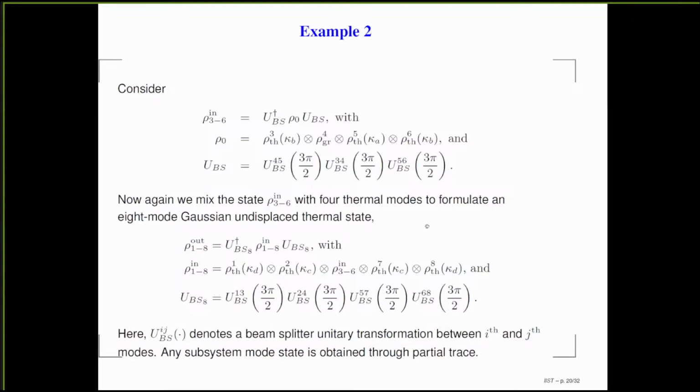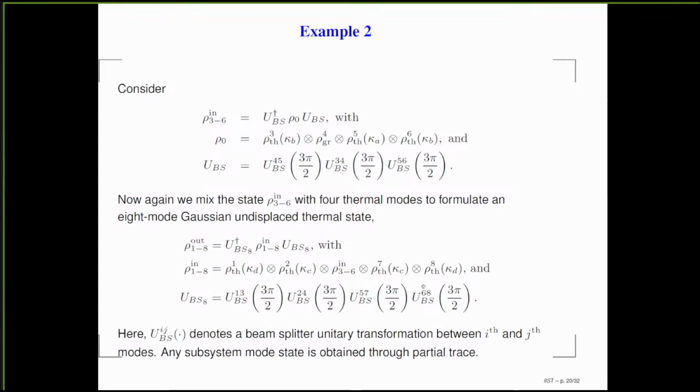Now we thought we'll go for higher order examples. So we constructed an 8-mode state. Sequentially, first you construct some 3, 4, 5, 6 thermal states, then couple them through sequential beam splitters.